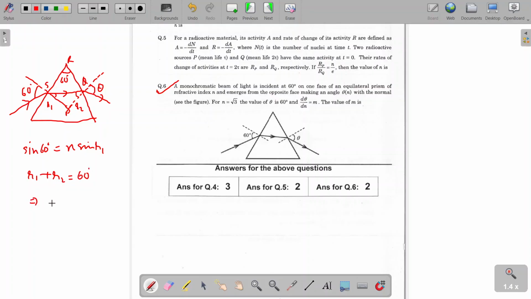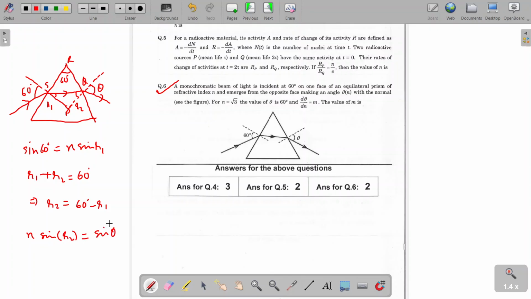This implies r2, that is the angle of refraction at the second surface, is 60 minus r1. We can then write n into sine r2 is equal to sine theta.